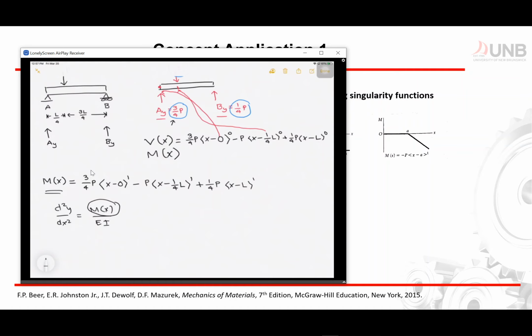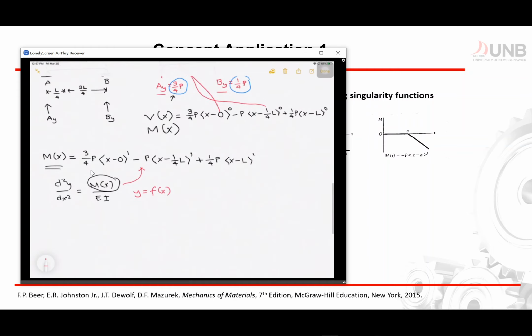It's just showing you that we acquired this mx because we need this equation in order to define the equation of our elastic curve, which is y as a function of x. That's our ultimate goal. Now let's analyze this moment equation, and probably we can further simplify it so that we can simplify the solution for our problem.